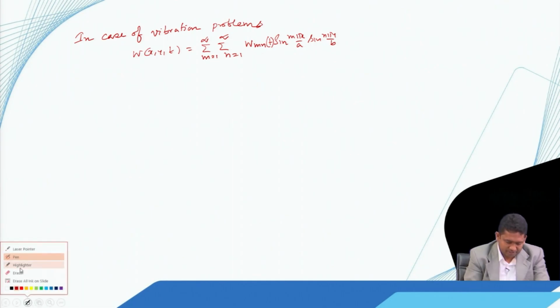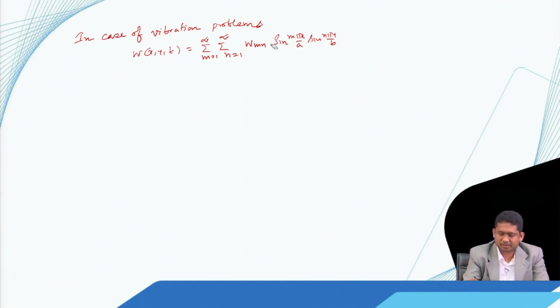For that we separate out a term e to the power i omega t. Please understand this omega can be different for each combination of m and n, so we can write omega m n also.